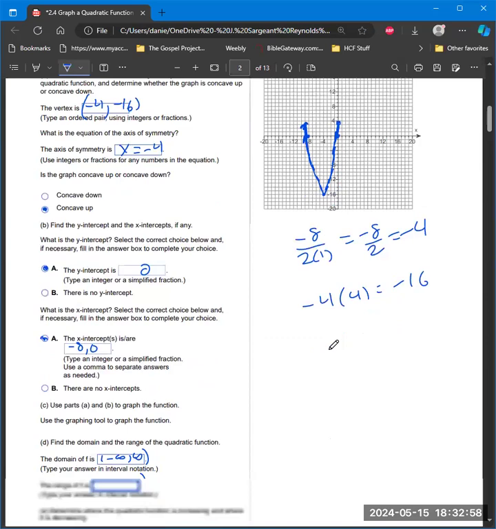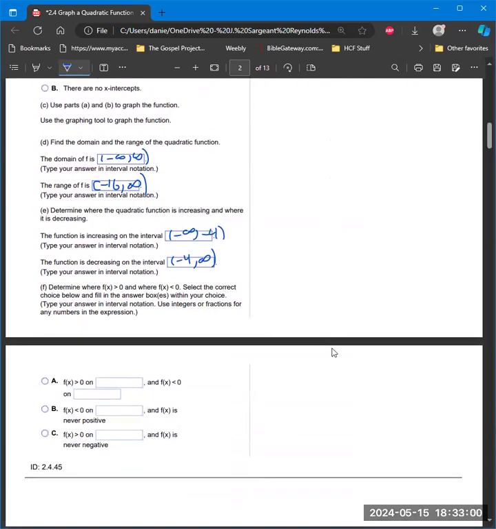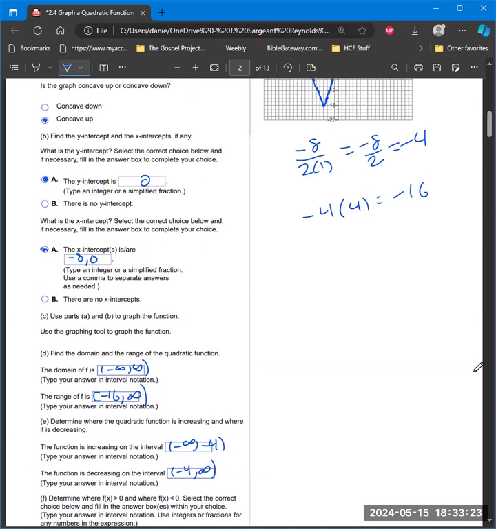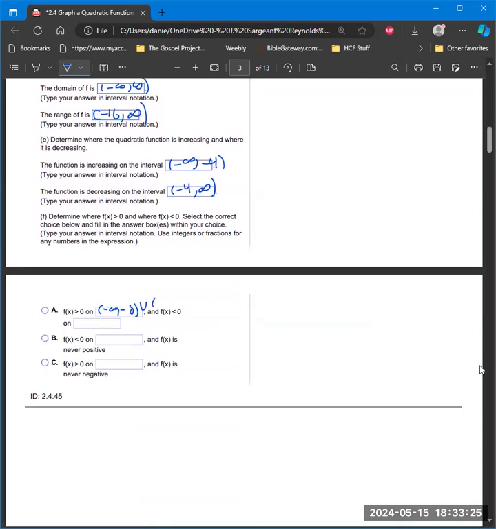It's positive from negative infinity to negative 8, union 0 to infinity is the other piece where it's positive, and it's negative from negative 8 to 0.